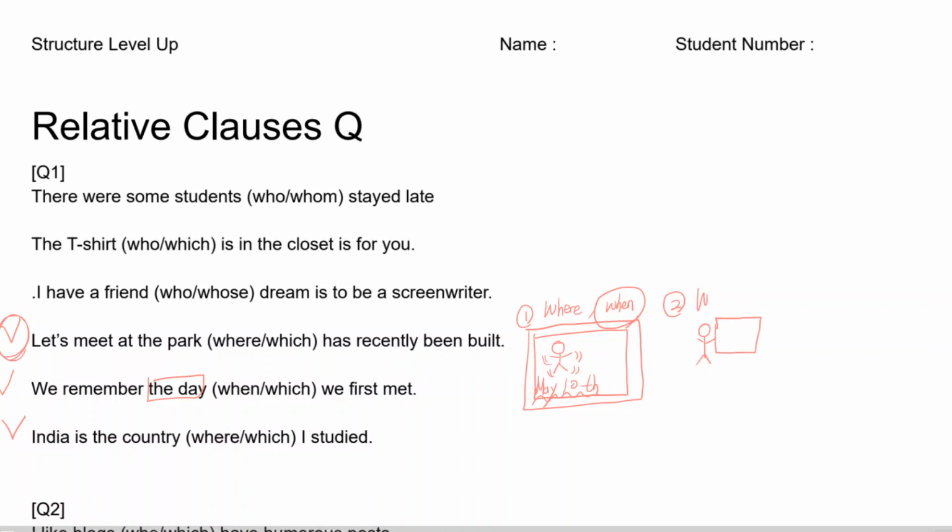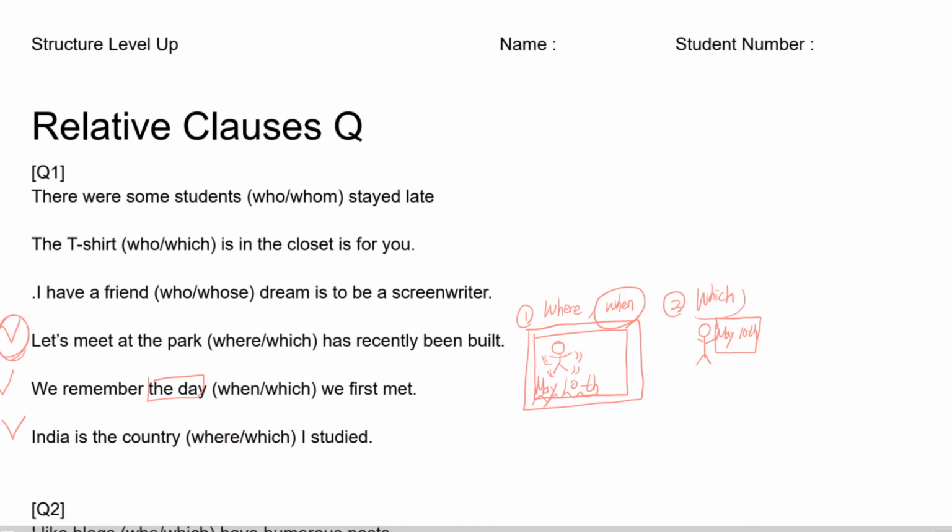If it is which, that means the person is doing something with the day. Either the person could move the day, remove the day, or plan the day, whatever it is. So the person is doing something directly to the day.